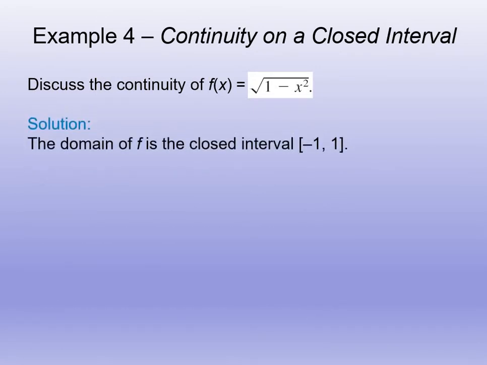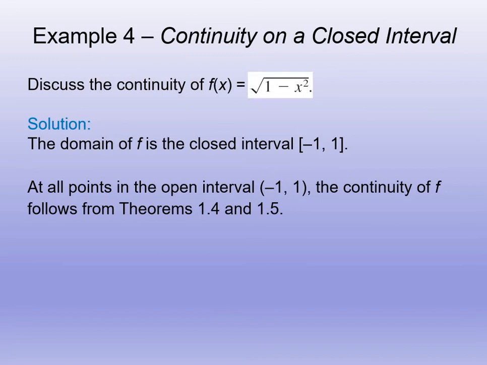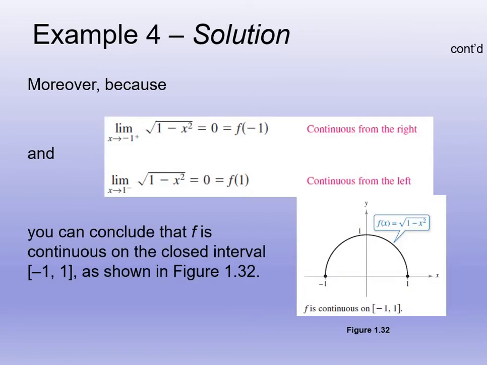So we know the domain of this function has to be between -1 and 1, and it's a closed interval. I can substitute in the value of -1 and get back a value, and I can substitute in the value of 1 and get back a value. That value is 0. But if we notice that for all points on that open interval, -1 to 1, the continuity of f follows from the two theorems from before.